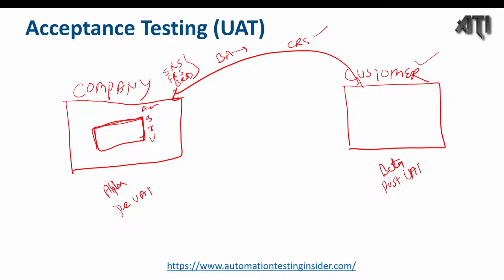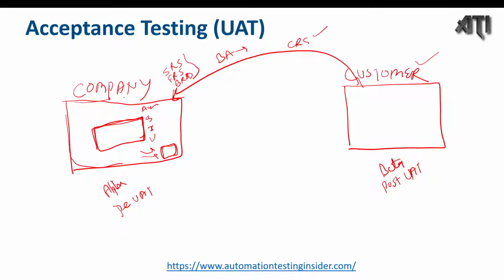So now we'll do the pre-UAT testing. We'll create a pre-UAT test plan, scenarios and test cases, with our testers and BAs involved in this pre-UAT test, and we'll do the pre-UAT test at our end, alpha testing at the developer's end.